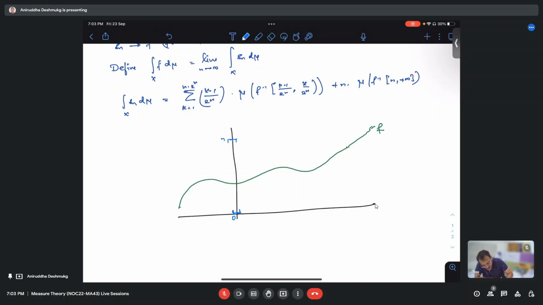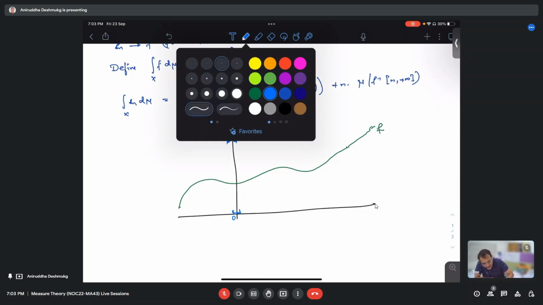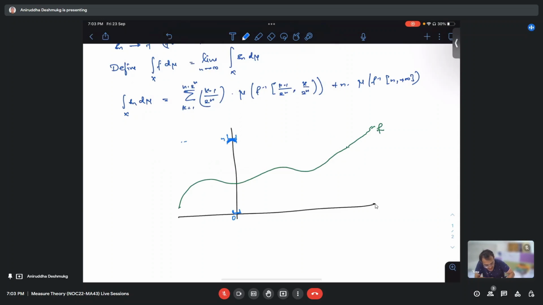Let us split it at n, and from n to plus infinity let us keep it as one interval. On this n to infinity, let us draw a line here, and wherever it intersects f, let me make it a solid line. So this is our f inverse of [n, plus infinity). On this region, the value of our Sn is n.